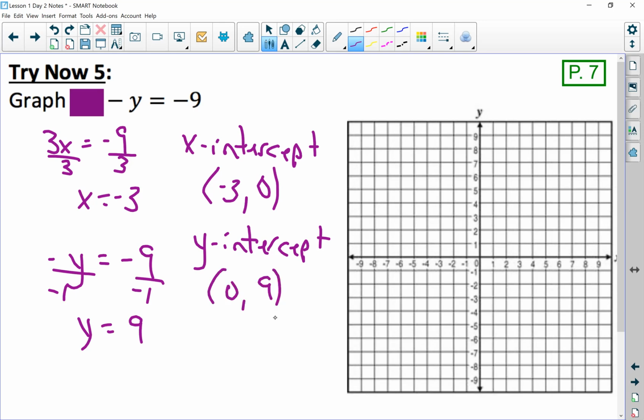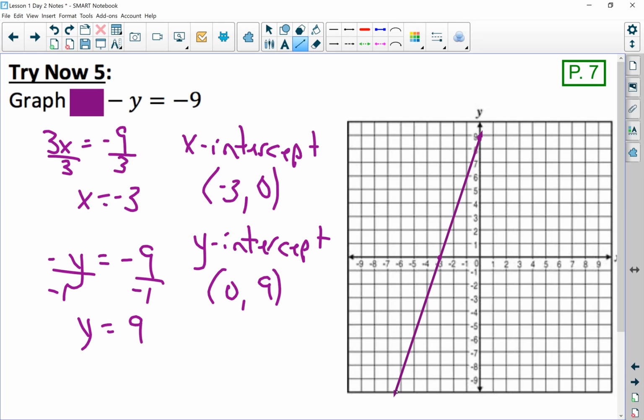So graphing that, over negative 3, up 0, over 0, up 9. Draw my line. So that would be the cover-up method.